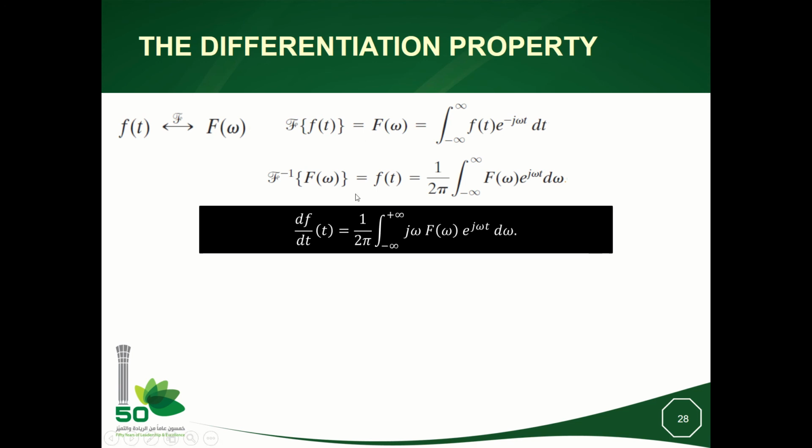If I now differentiate this expression with respect to time, df over dt, I enter the differentiation operator inside and integrate. Now I have a function dependent on time: it will be j omega exponential j omega t multiplied by F of omega, which is this expression.